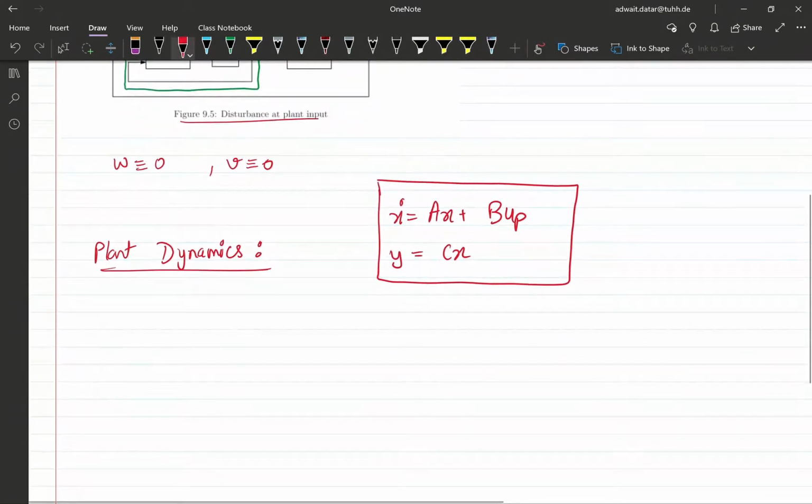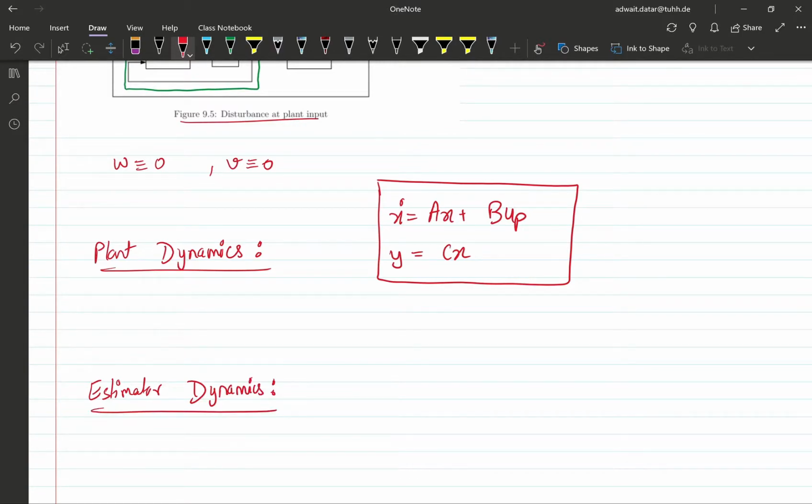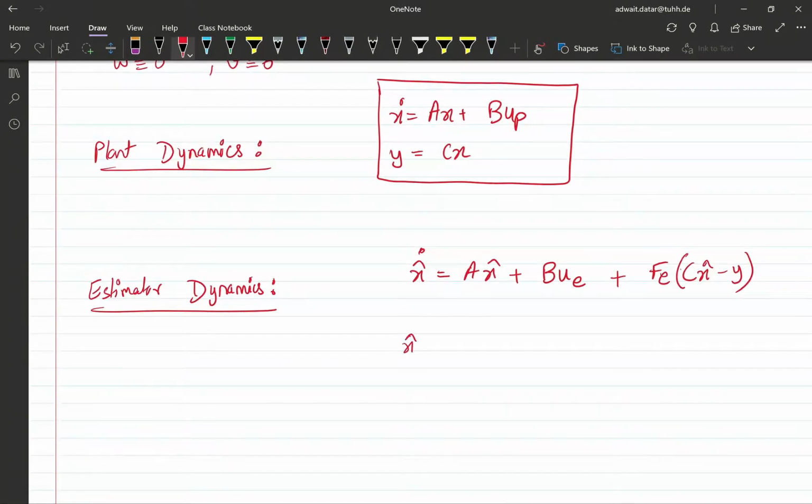The estimator dynamics are then basically first just the copy of the plant, but with now the UE, with UE being the input seen by the estimator, and the estimator gain multiplying the output errors, which then gives us the estimator dynamics as shown here.